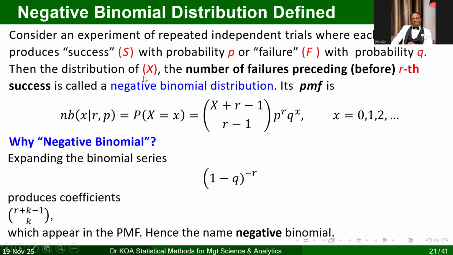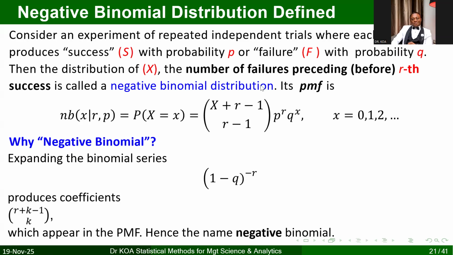Then the distribution of this random variable, which is the number of failures, watch the word, number of failures preceding the r-th success. So you are looking at the number of failures before the r-th success. This is called a negative binomial distribution.